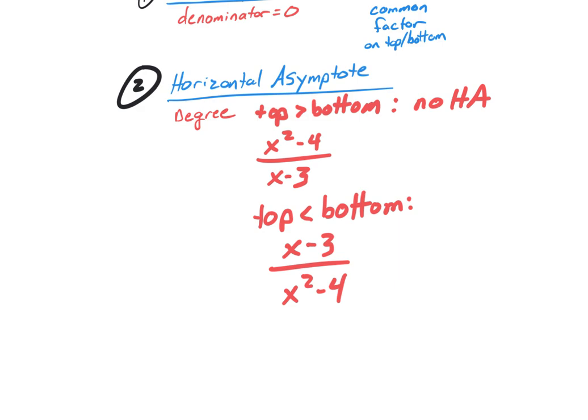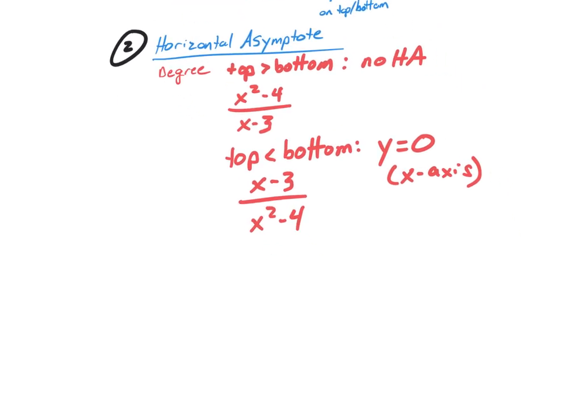Now the degree on top is 1, the degree on bottom is 2. And so in this one, the horizontal asymptote is y equals 0, okay, which is otherwise known as the x-axis. So the x-axis is the line that it's going to approach and get really close to.